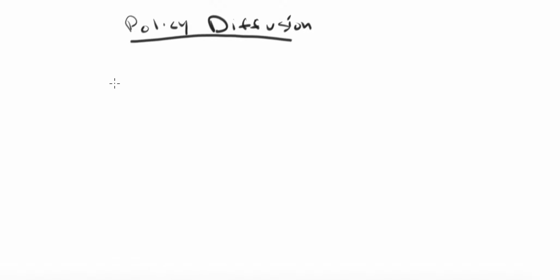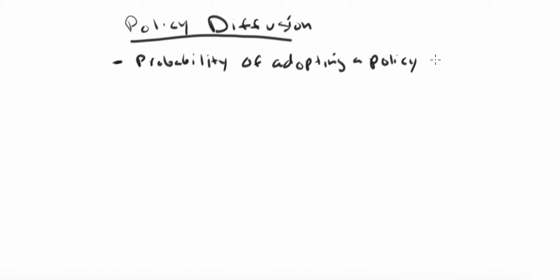So policy diffusion occurs when the probability of adopting a policy in one government is influenced by a policy in another government.